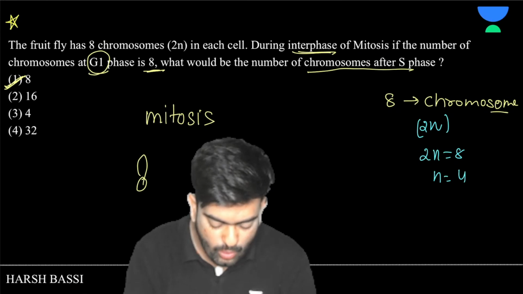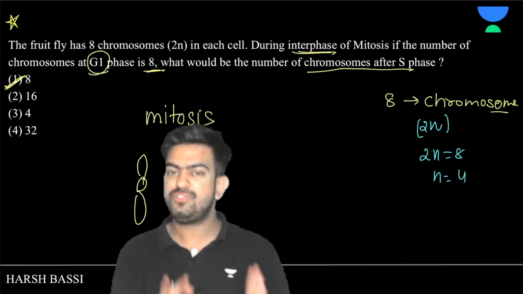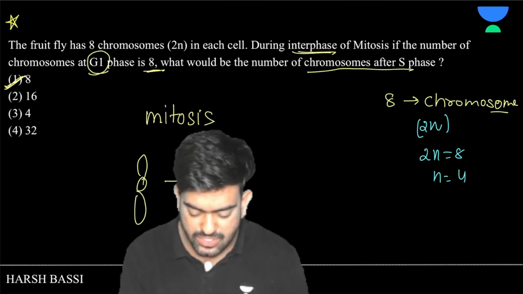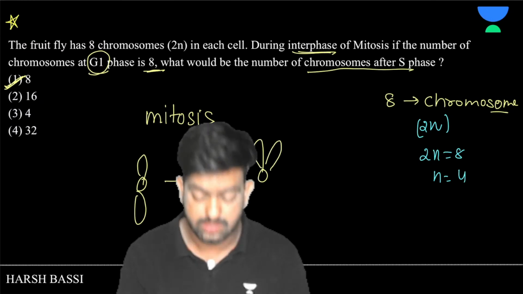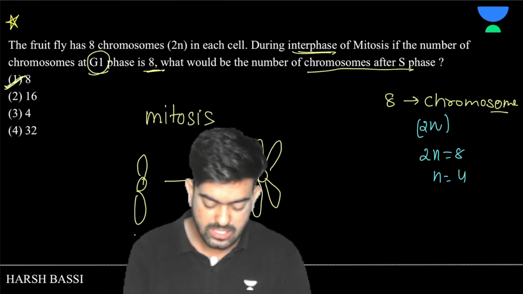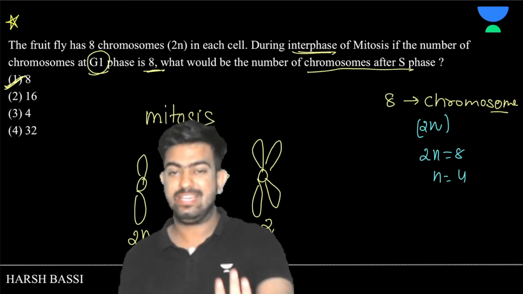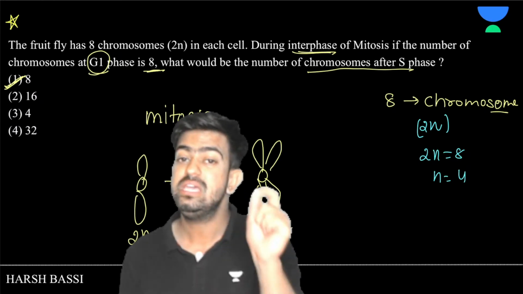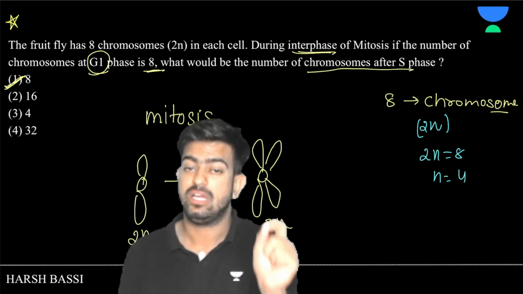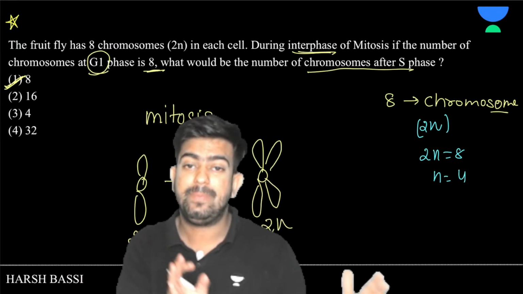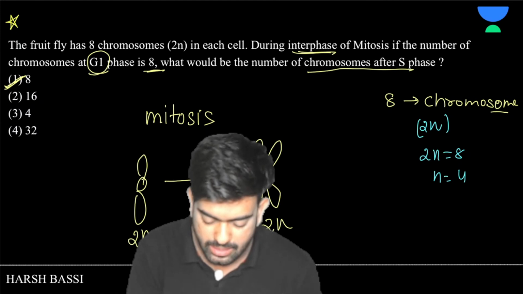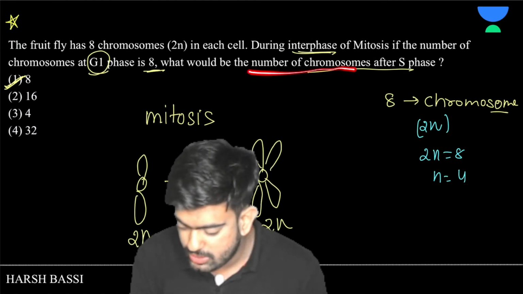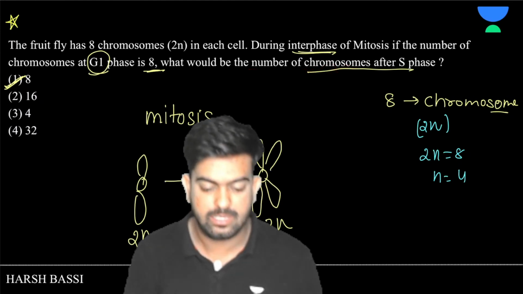Suppose that before the S phase the chromosomes were like this. After the S phase the chromosomes will be like this. But still it is 2n, 2n only. Yes or no? Is it clear? There is no change in the number of chromosomes. There will be a change in the content. So the content will be doubled, but the number of chromosomes will be the same. And in the question, they are asking about the number of chromosomes. So the answer will be 8.